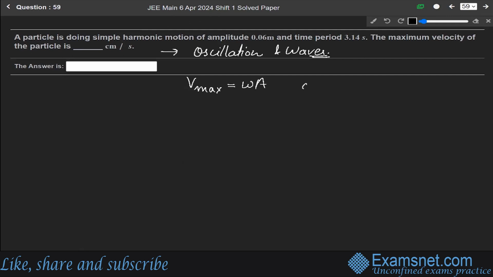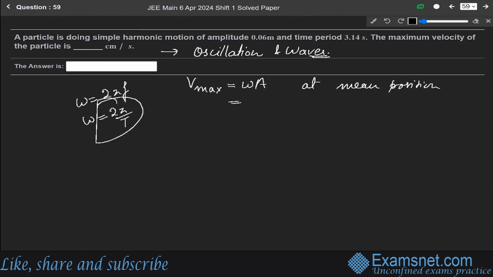Okay, this is at mean position. Now omega is what? 2 pi into F, and frequency is inverse of time period. So in place of omega, we can write 2 pi over T, into A. So it will be 2 pi, and time period is given as 3.14, means pi itself, into A. Sorry, not area, amplitude, 0.06.